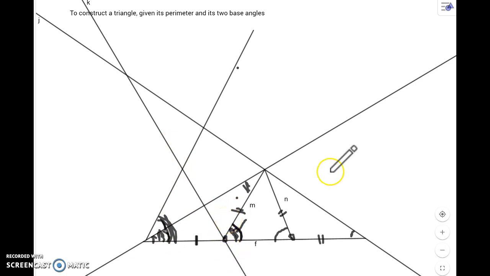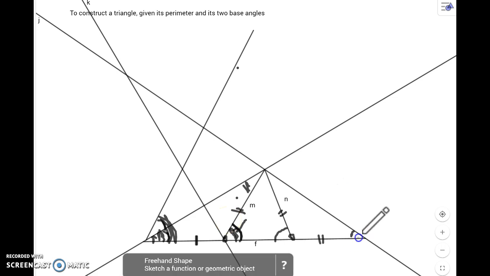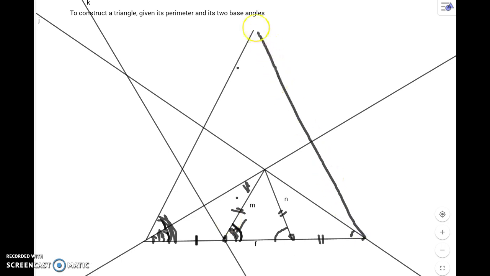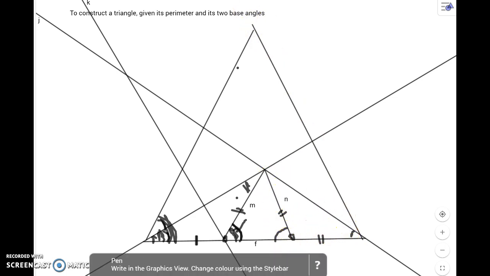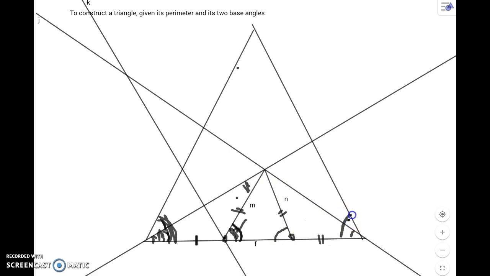The same thing we can do on the other side. So we can have a parallel line to this line, so that the angle given here is the angle given in the question. And when you make the angular bisector and then the perpendicular bisector of that, you get your triangle. So we were working backwards.